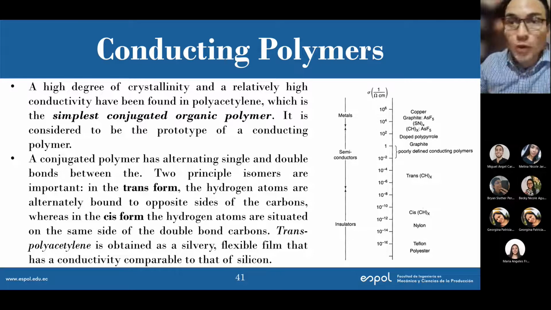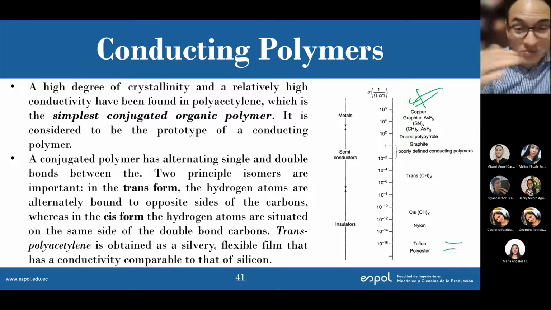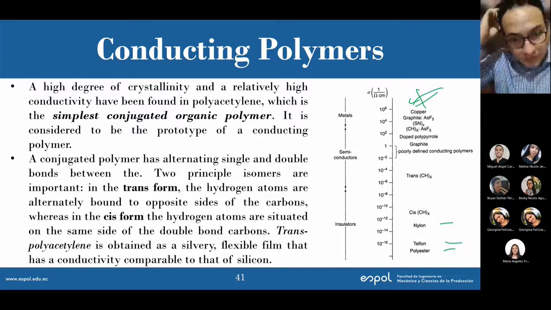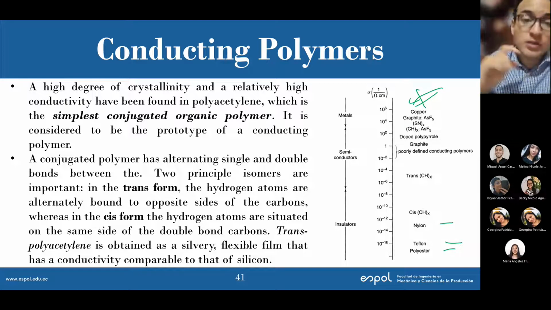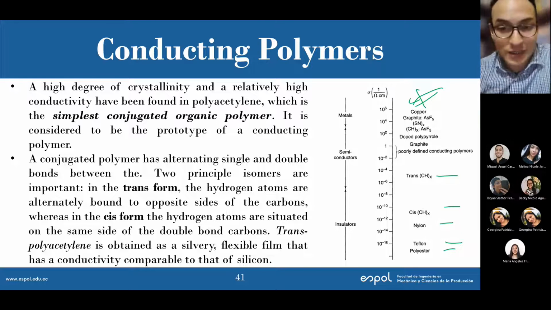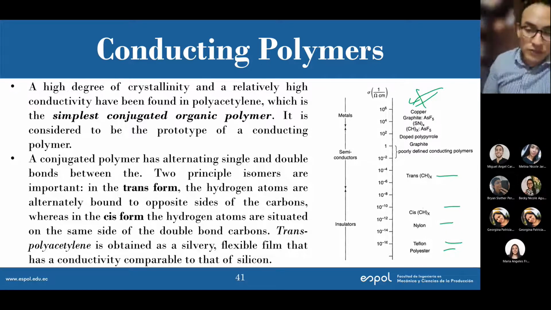Because of some weird considerations, graphite sometimes is considered a polymer, but let's forget about that. Then you can see Teflon, polyester, very low, completely insulators, right? You have nylon, and then you have these interesting forms of polyacetylene: the cis polyacetylene and the trans polyacetylene. The values you see there are conductivities of polymers.